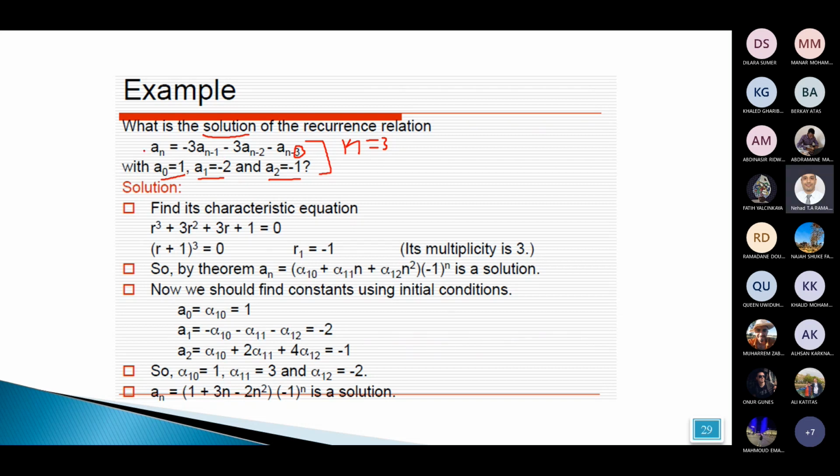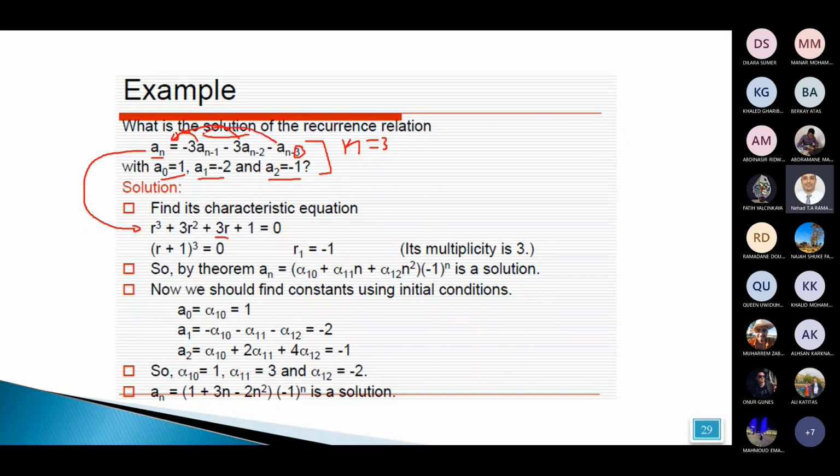When we write the characteristic equation, it's like this: r power 3 minus, which becomes plus, so plus 3r power 2. Why? Because k equals 3, and 3 minus 1 is r power 2. This minus becomes plus on the other side, so 3r, because 3 minus 2 is 1, so it's r.